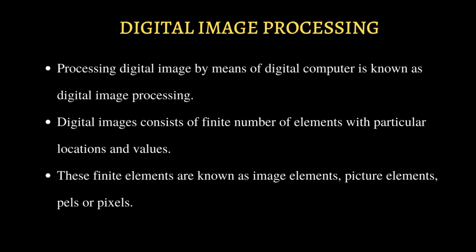An analog computer provides mathematical variables in the form of continuously changing physical quantities, whereas a digital computer processes discrete values. So the processing of a digital image by means of a digital computer is known as digital image processing.